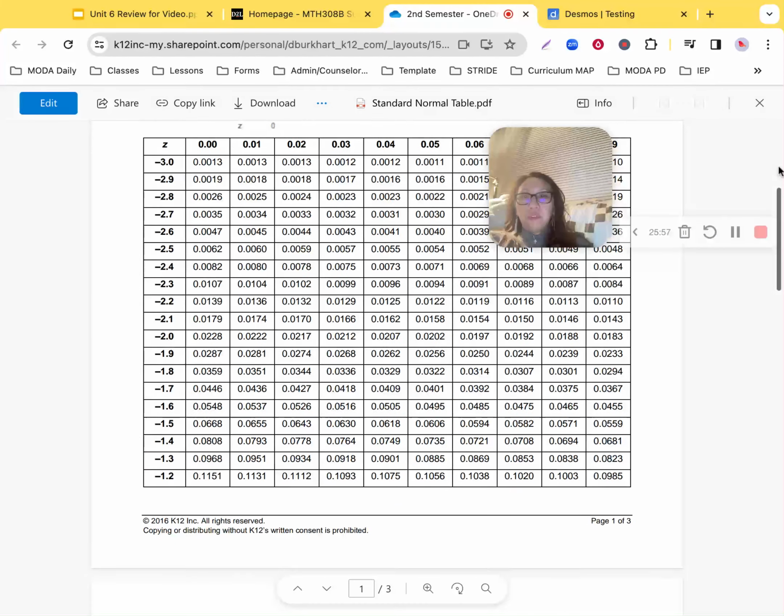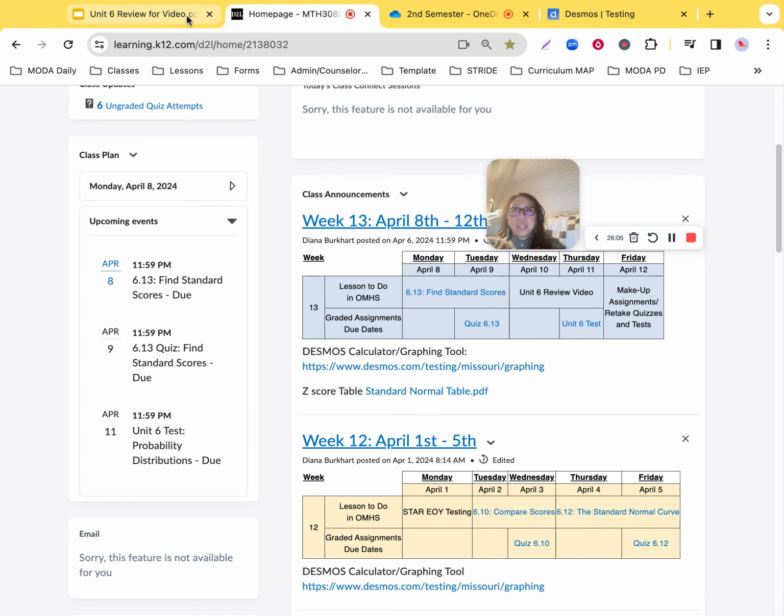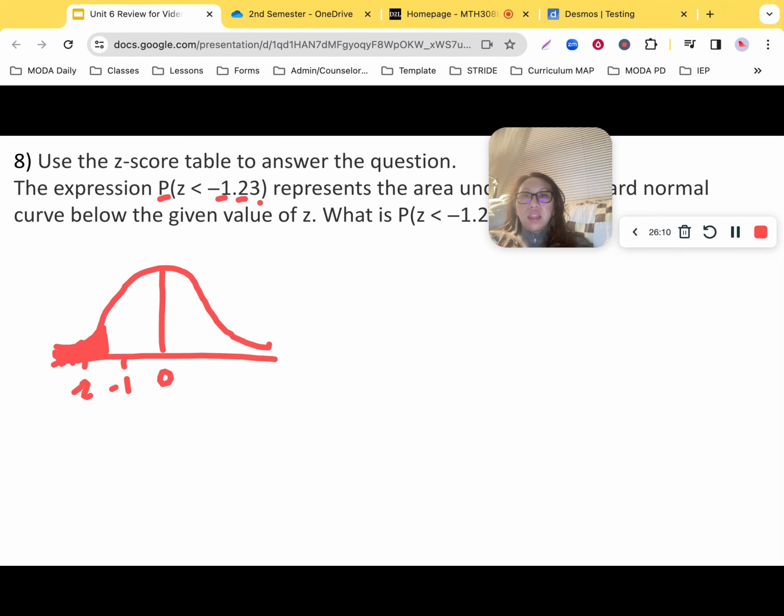So -1.2 is right here. And then the 3, the second decimal place or the hundredths place, is what we look at in the first row of your table.